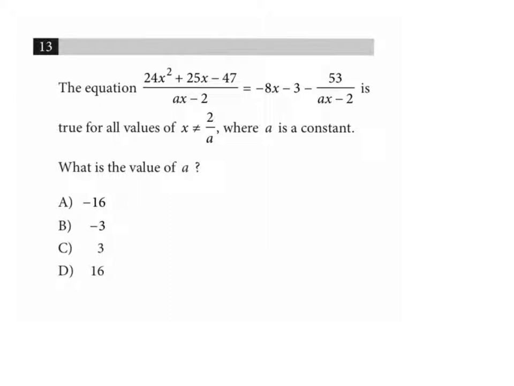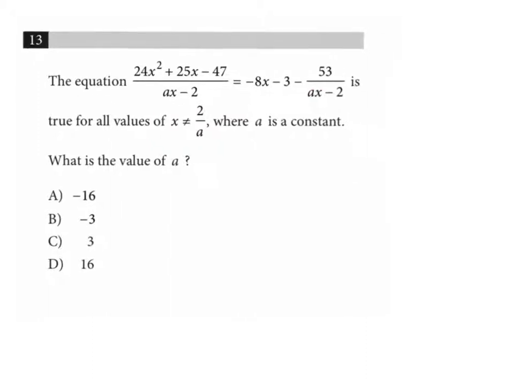One thing you might want to do is try to get this thing to match this thing, and then you could compare apples to apples and figure out what a is from there. In other words, if you could somehow force this side to look something like this side, then you could compare the terms to each other, match like with like, and then figure out what a is from there. I'm going to go that route.